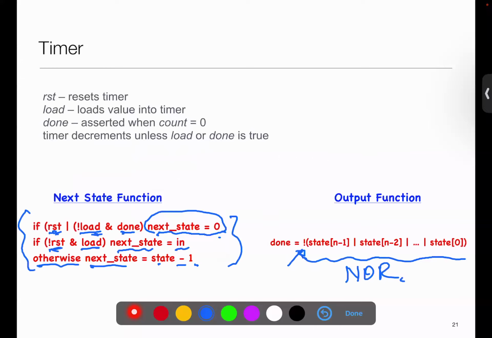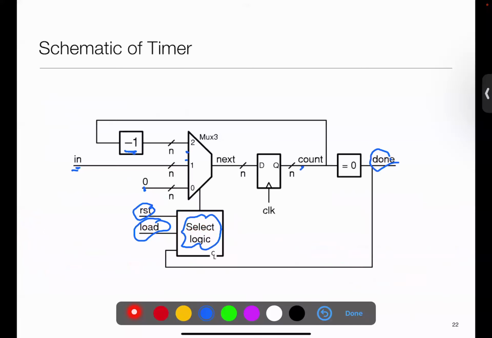The reason is that if you go out here, you would see done appears here. So done is what we are outputting, but we're also using done in our logic. And then the final done part is really checking that all the bits are 0. So this is combinational logic also.